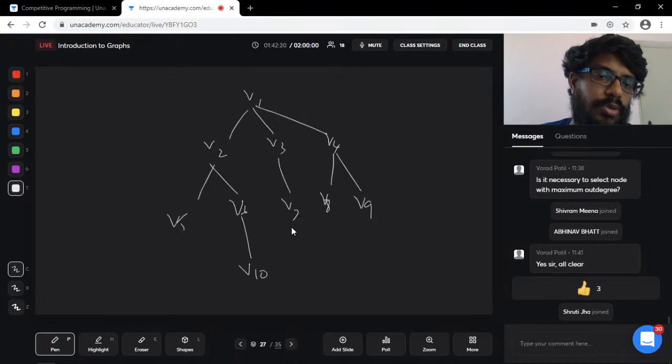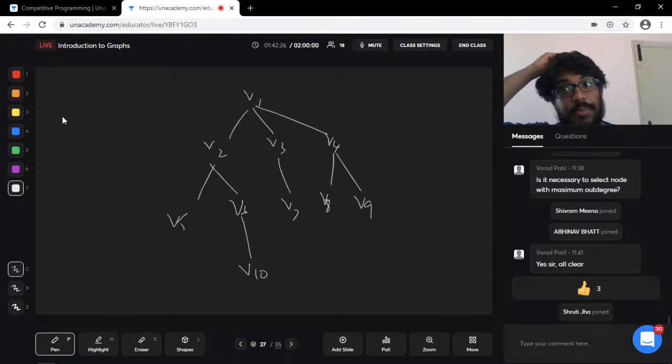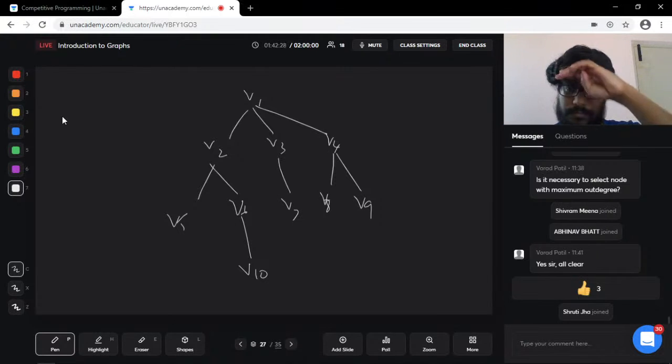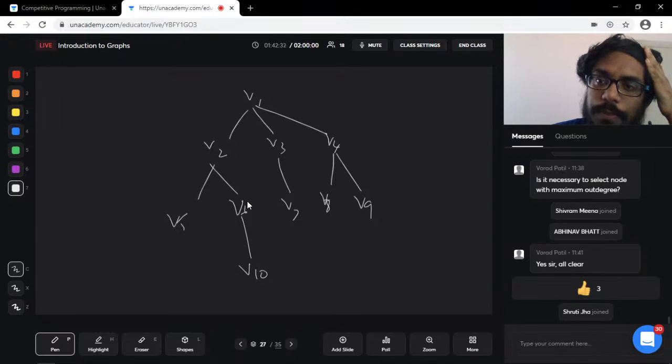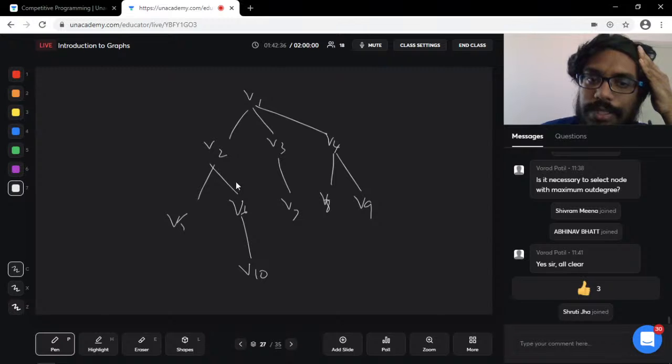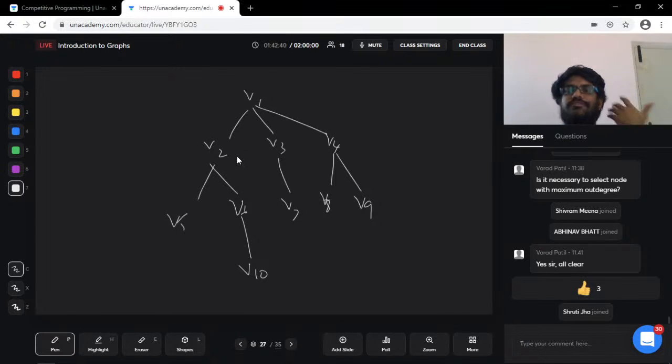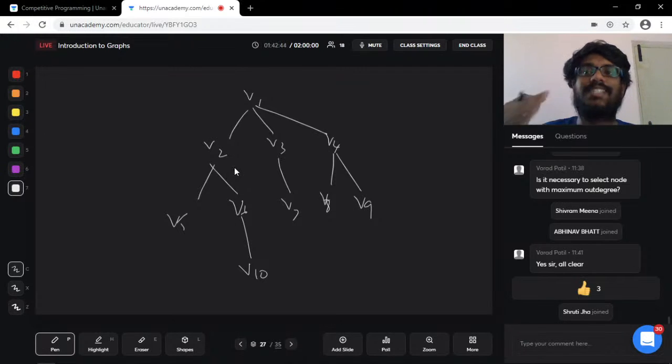Now what we observe is that every edge goes between a child and a parent, right? This edge goes from this child to its parent. This edge goes from V5 to its parent. This edge goes from V6 to its parent, and so on and so forth, right? So every edge goes from a vertex to its parent, except the root, because the root doesn't have any parent.